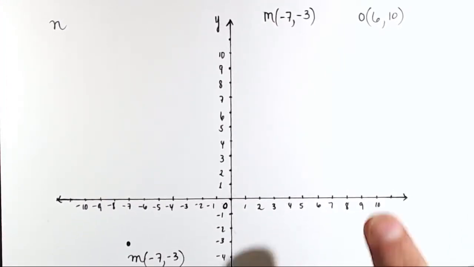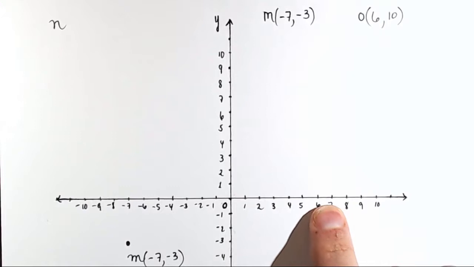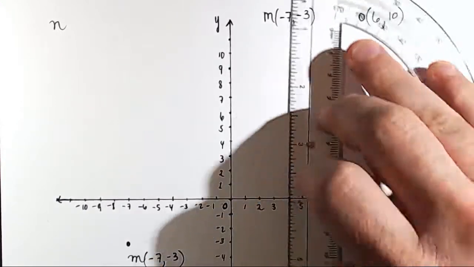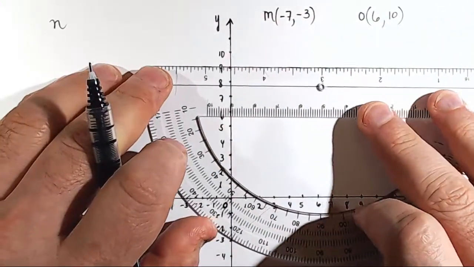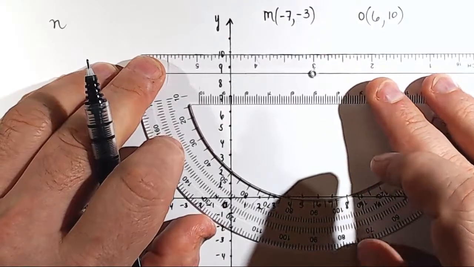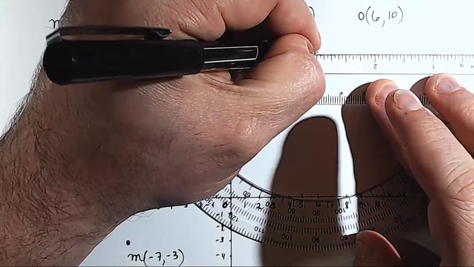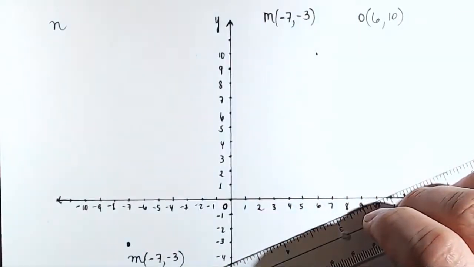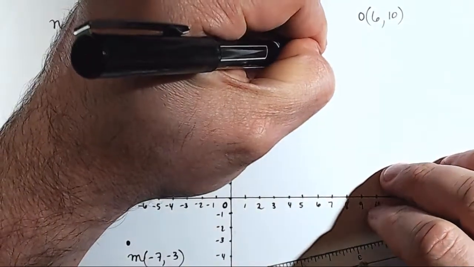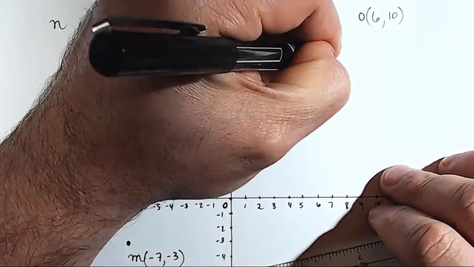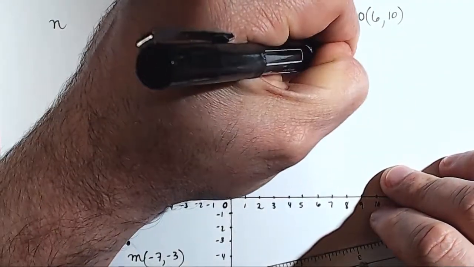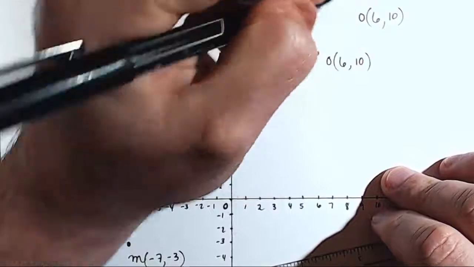Point O lies at 6, comma, 10. So go over to 6 on the x and zoom up to 10 on the y and just put a dot right there. 6, comma, 10. And this is point O, and it lies at 6, comma, 10.